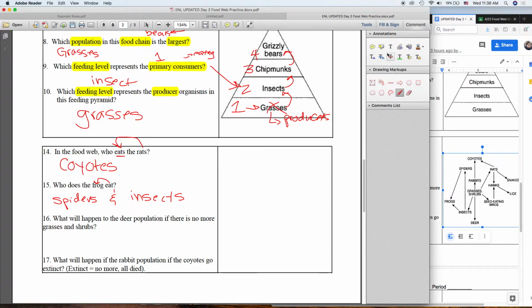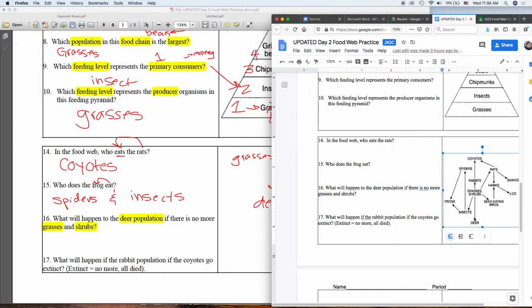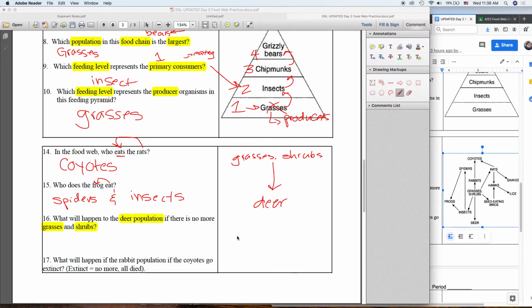What will happen to the deer population if there are no more grasses and shrubs? All right, so let's look at the connection between grasses and shrubs and deer. Deer, okay, so we have grasses, shrubs, which is a bush, and there's an arrow to the deer. And I got that from right here. Okay.